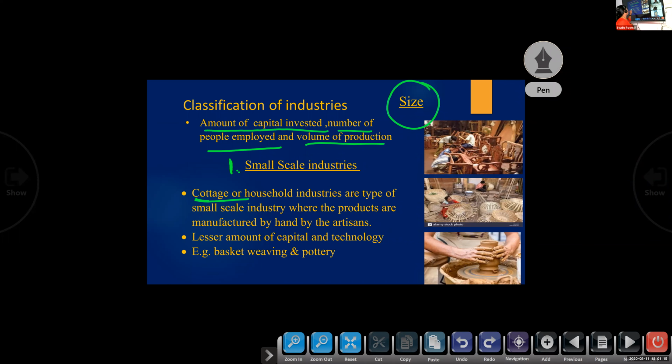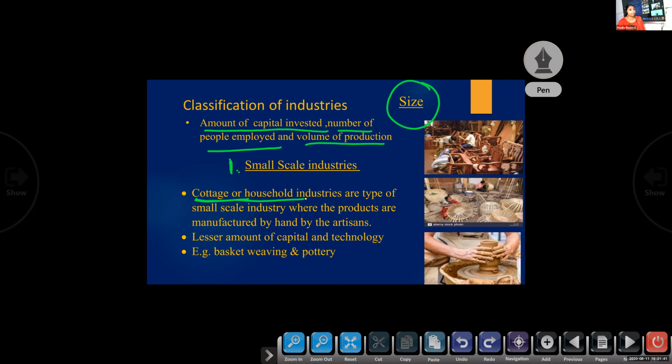Then, what are the features of cottage or household industry? Sridev. Cottage or household industries work from home. They use lesser technology and simple tools.